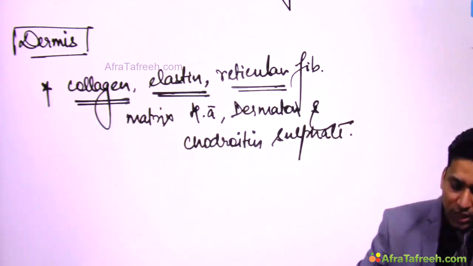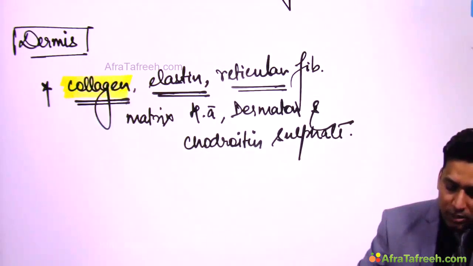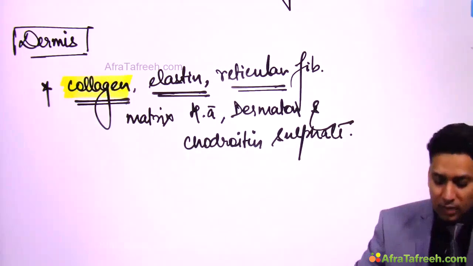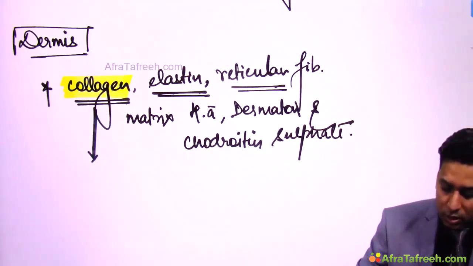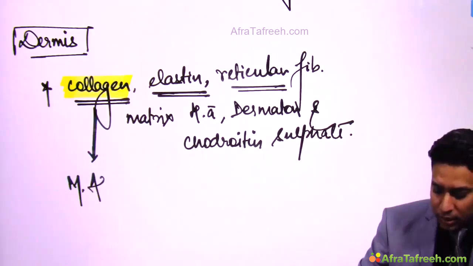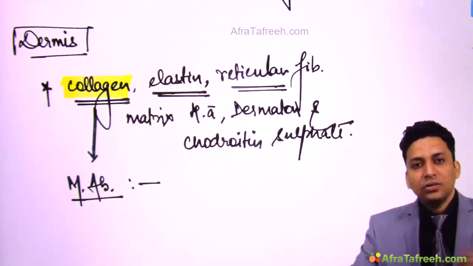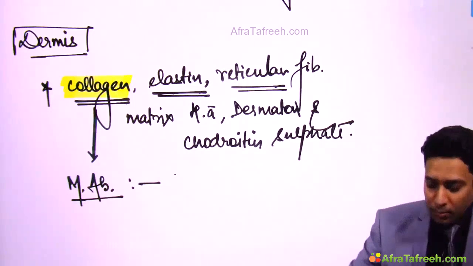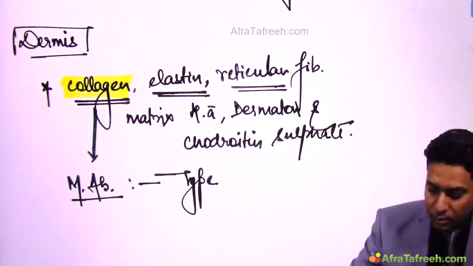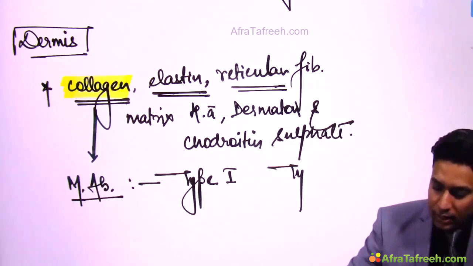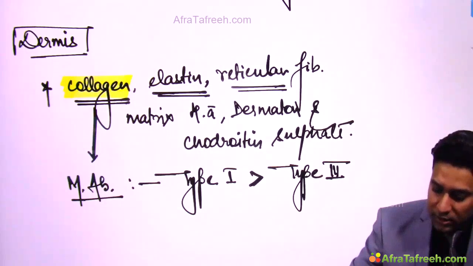Now the question which is asked here is which among these is the most abundant fiber present in dermis? Answer is collagen fibers. If they specifically ask which type of collagen, then remember type 1 and type 3. More abundant is type 1.